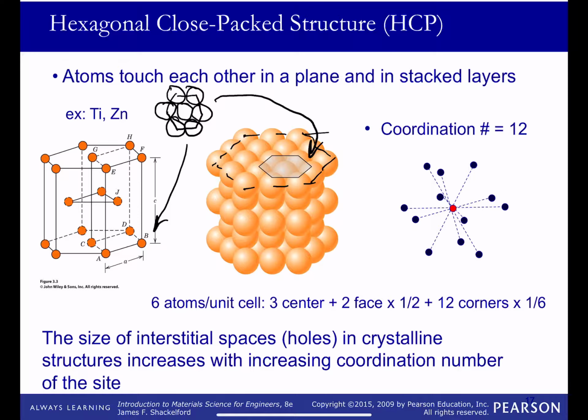Now, if we take another plane of hexagonally close-packed atoms and shift it to fit into the kind of void space, the little recess created by bringing 3 atoms together, say, for example, here, here, and here.